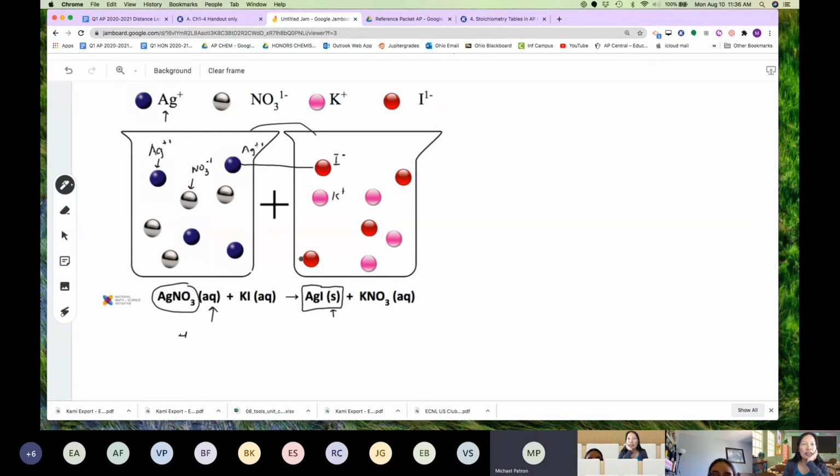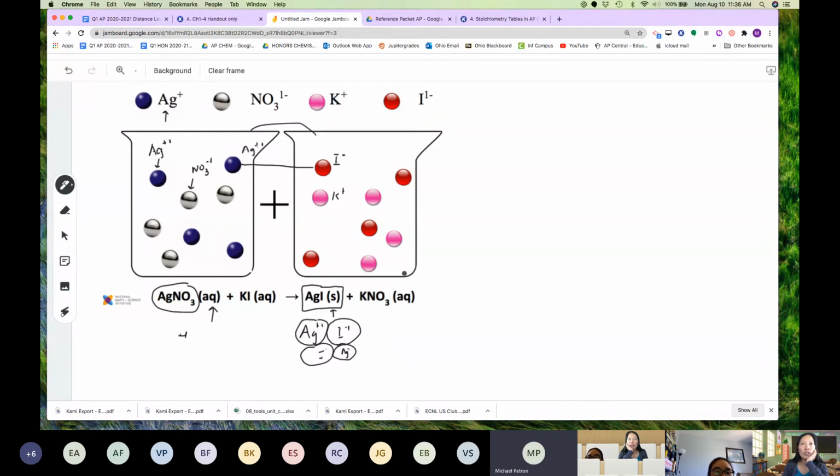It looks like a solid. Instead of the ions apart, remember when I made you draw the ions in the beginning? They're now stuck together in a crystal lattice, a bunch of them. Okay, but these, the K's, are still floating together.